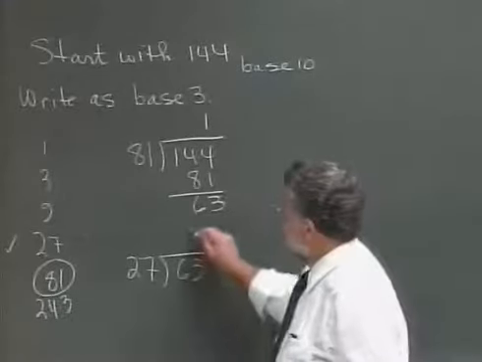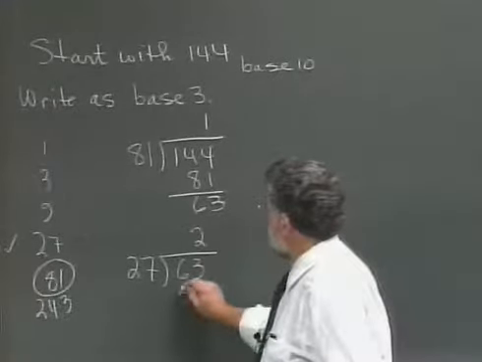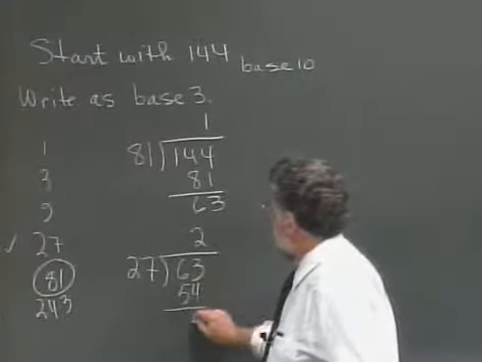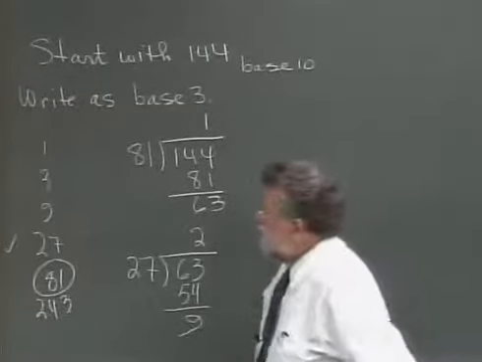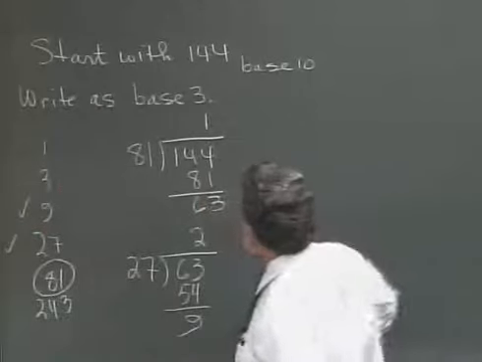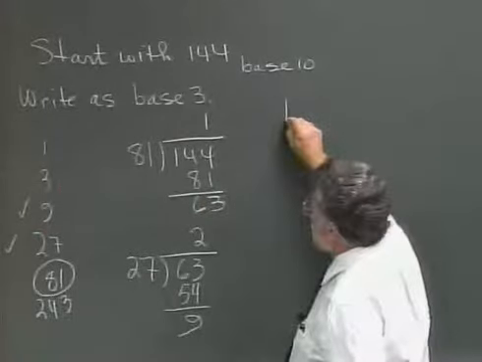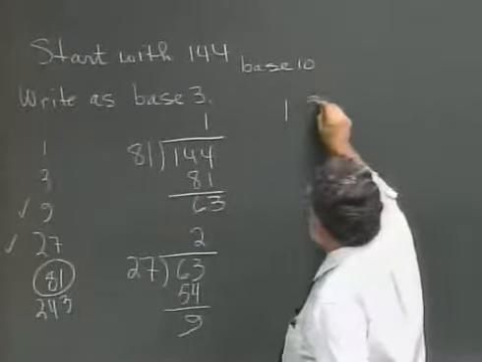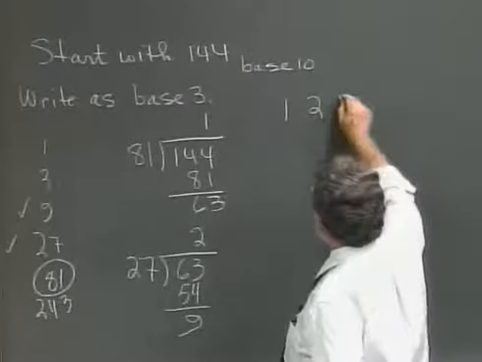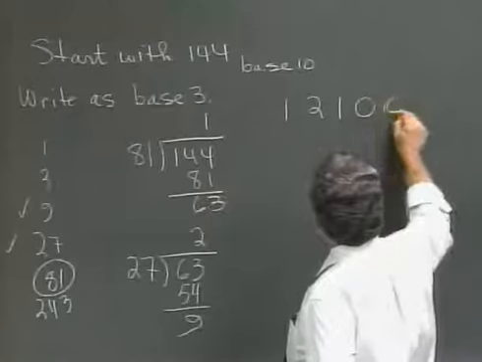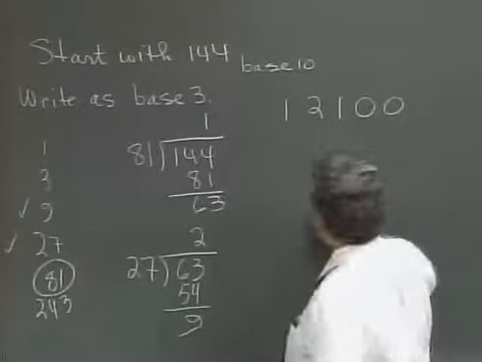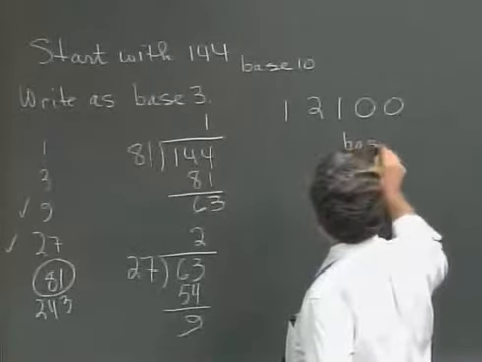Agreed? So that goes in twice, so that's a 54. And I happen to have what left? A 9. So I have one group of 81, two groups of 27, one group of 9, no groups of 3, and no groups of 1. And so this is my number in base 3.